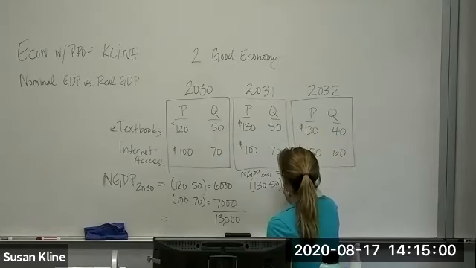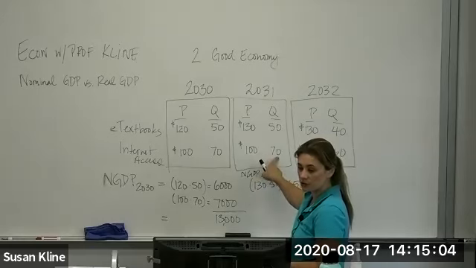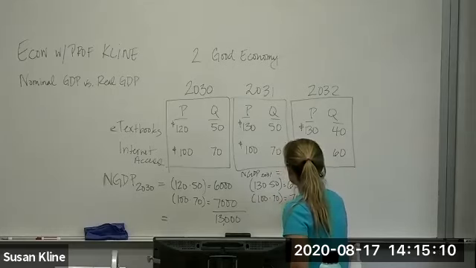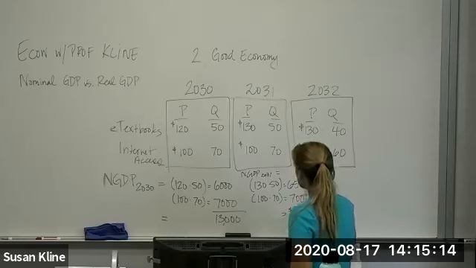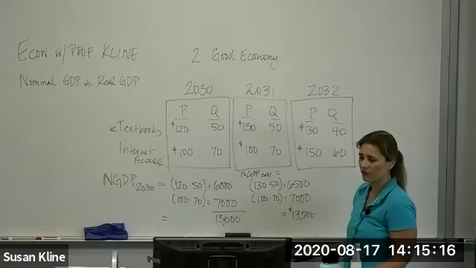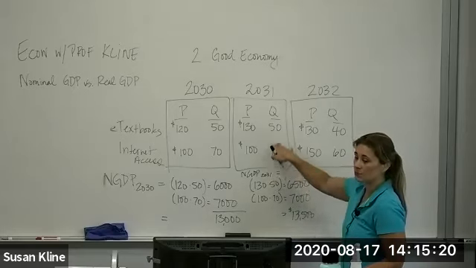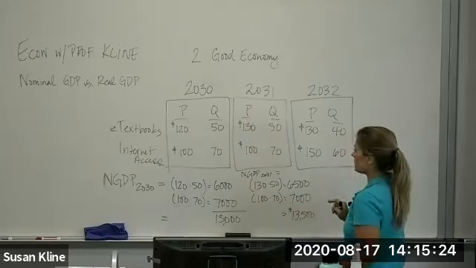Yep, 6,500. And we still sold 70 units of internet access at $100, so that's the same. Now look at what happened to GDP. Nominal GDP went up by $500, but not because we produced more, because what we produced simply cost more. We'll come back to real GDP here in just a moment.